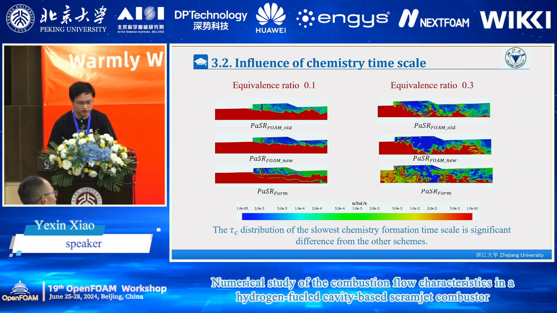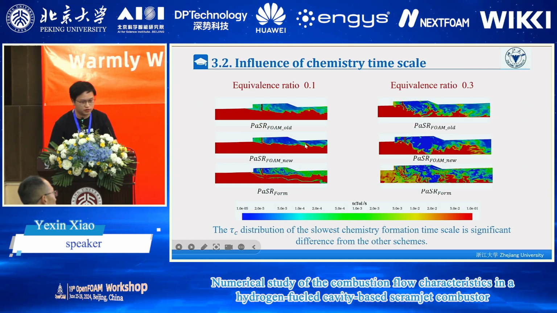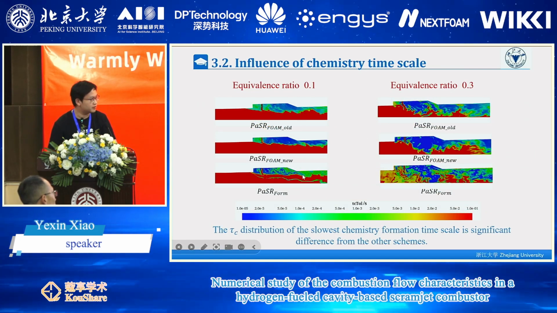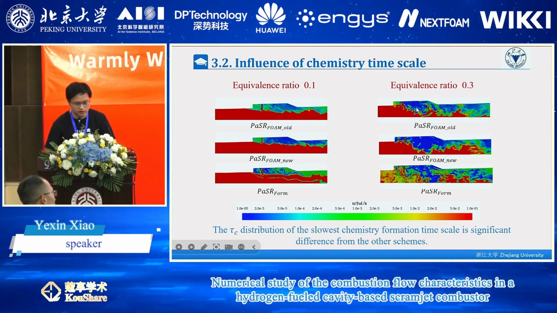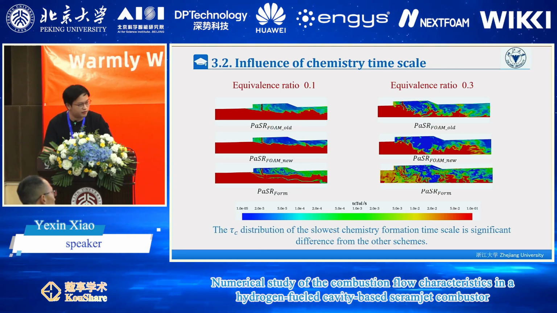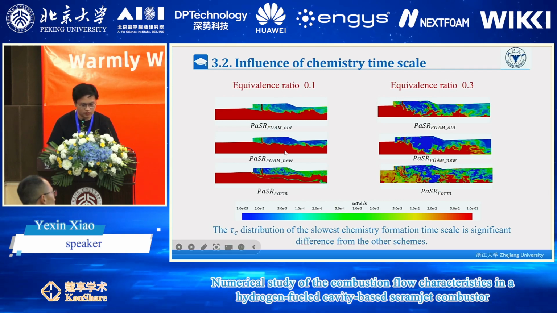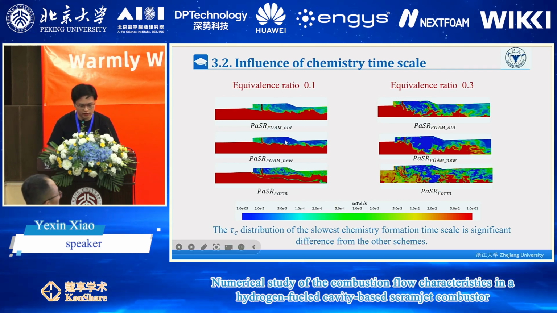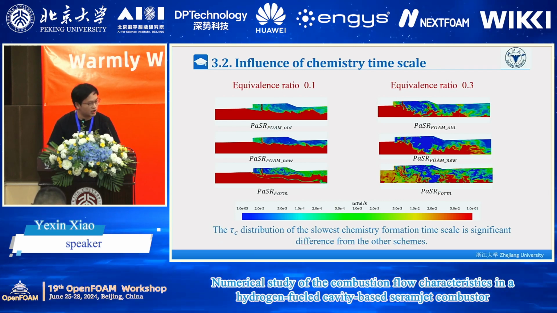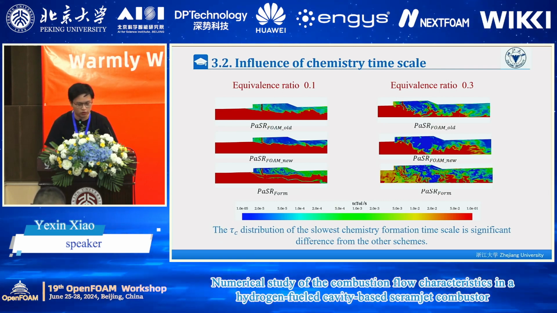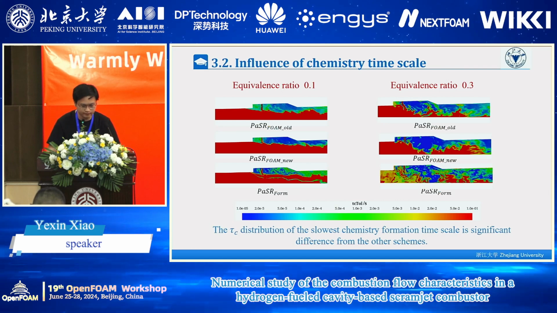And here is the chemistry timescale calculation by these three schemes. You can see these two schemes have little differences. The color here is deeper, which means the chemistry timescale here is smaller than the old one.